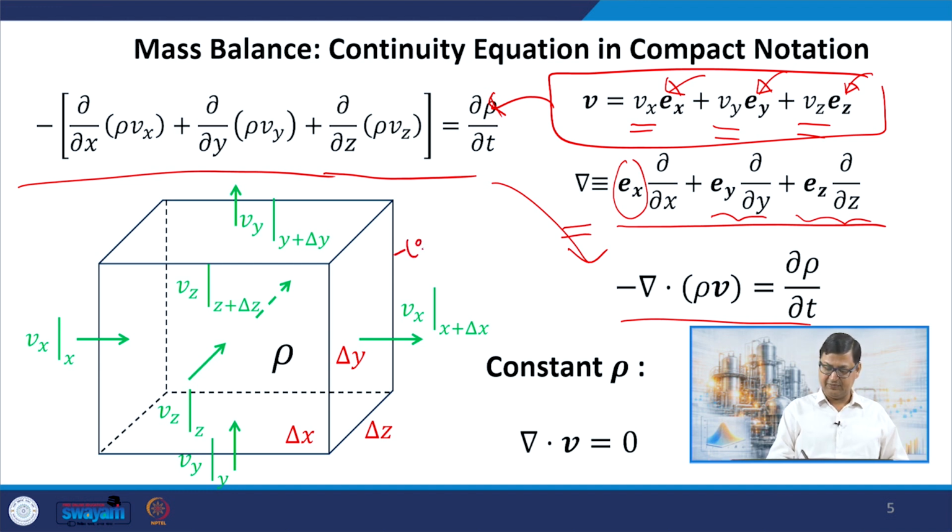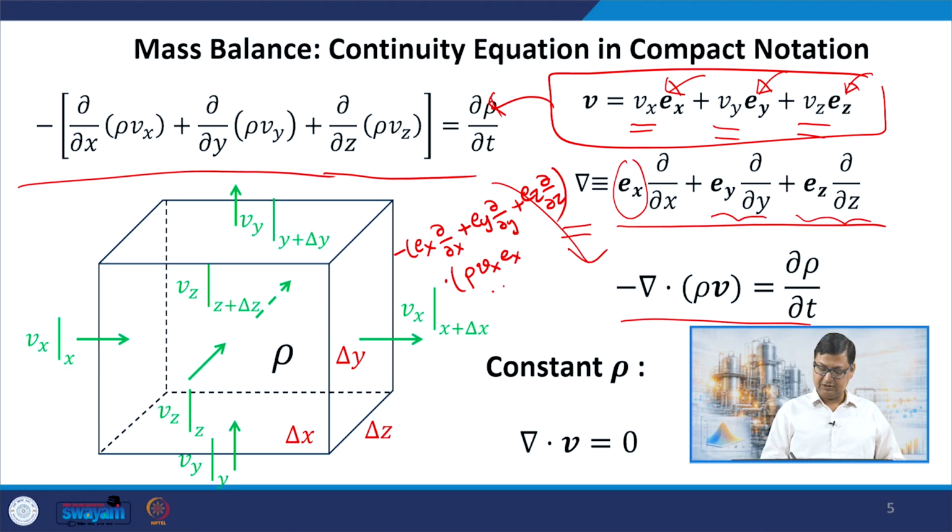So we have Ex dou by dou x plus Ey dou by dou y plus Ez dou by dou z, that is my del, and I have to dot this with rho Vx Ex plus rho Vy Ey plus rho Vz Ez, right?